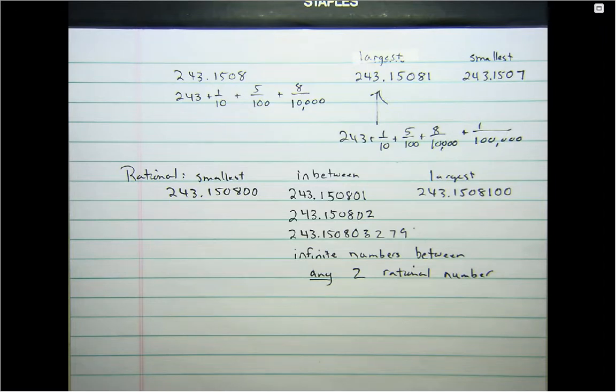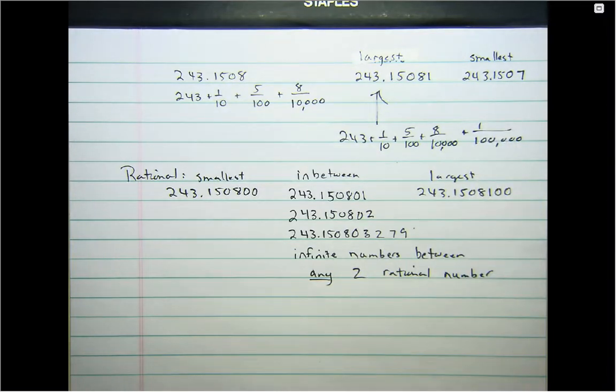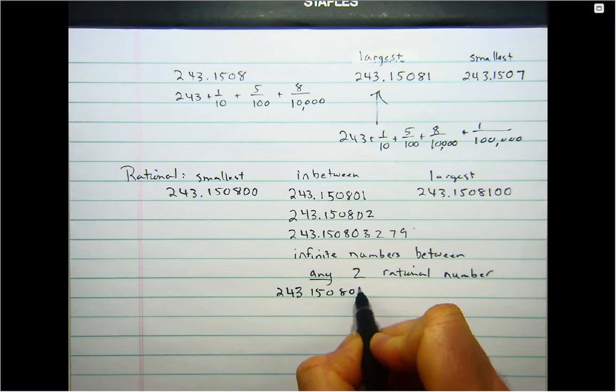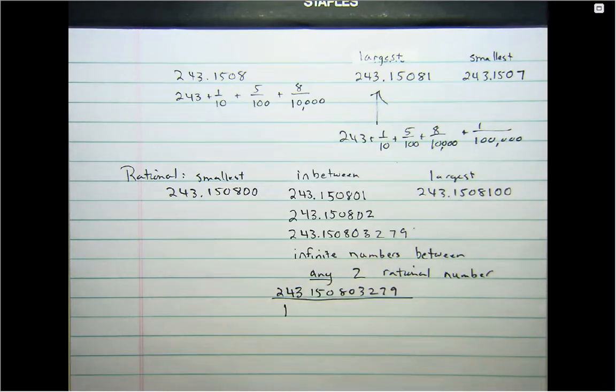These numbers that we wrote down, they were all rational, right? We could put them over the correct power of 10 and write them as a fraction. So let's just take the last one. 243,150,80,3279. And I'll put a 1 with how many zeros? 1, 2, 3, 4, 5, 6, 7, 8, 9 zeros.